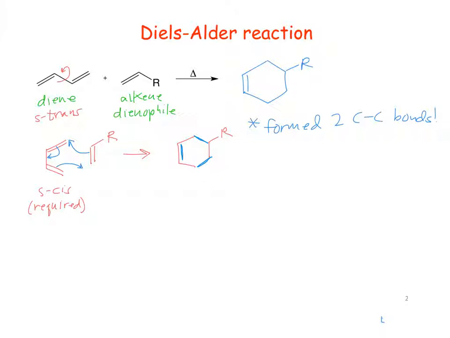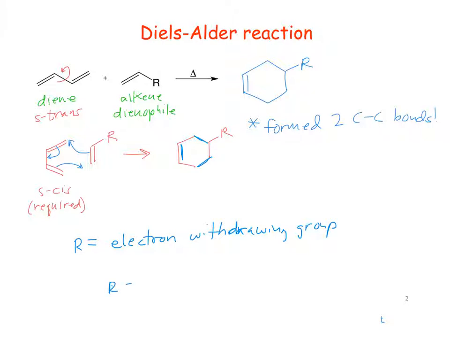This reaction tends to work the best if the R group is an electron withdrawing group, and they tend to look like this.